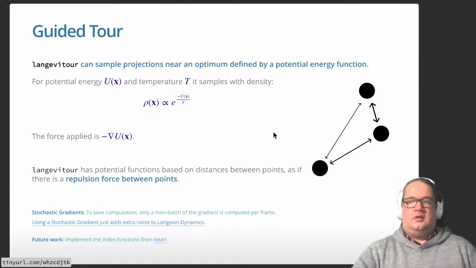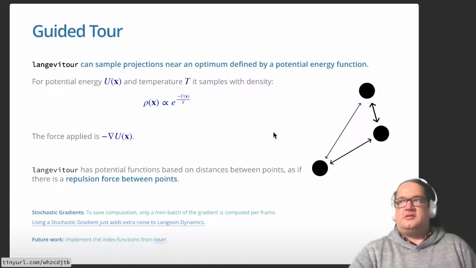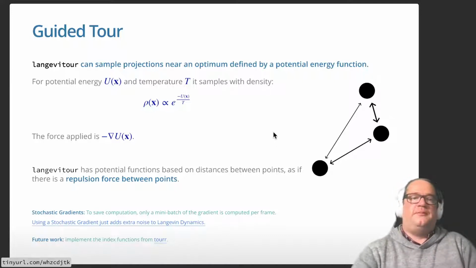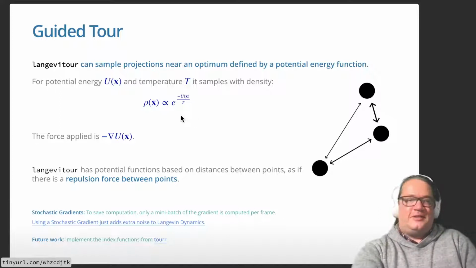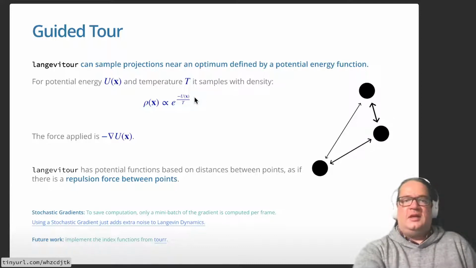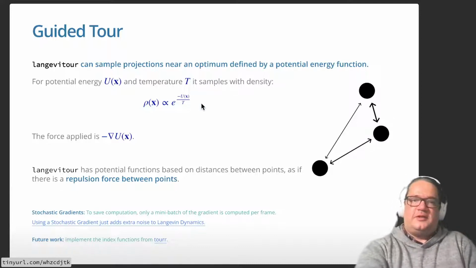So we consider low energy states good projections and higher energy states not so good projections. And the neat thing about Langevin Dynamics is that it really does sample from a distribution, the distribution we specify with this potential energy function and also with the temperature. So that's super cool in all sorts of ways.